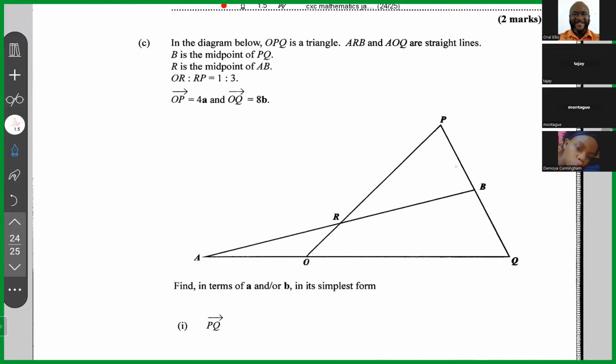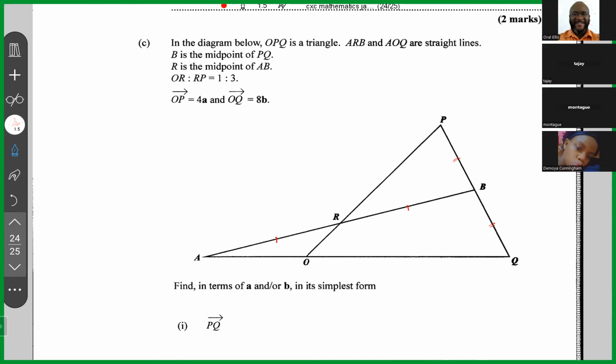So this side and this side are equal, and we are told that R is the midpoint of AB. So it's the middle over here, they are equal, and we're told that the ratio OR to RP is 1 to 3.